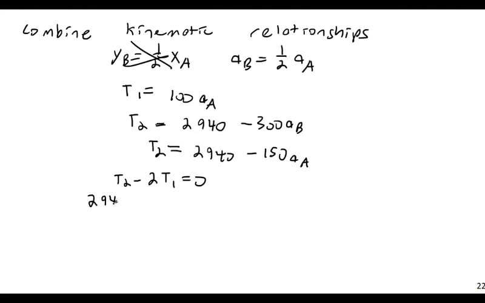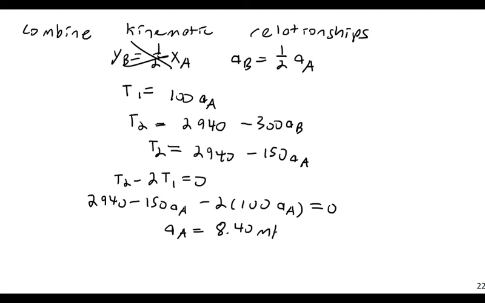So 2940 minus 150 aA minus 2 times 100 aA, all of this is equal to 0, and I can find that aA is equal to 8.40 meters per second squared. And then from this, everything else just falls into place fairly quickly.